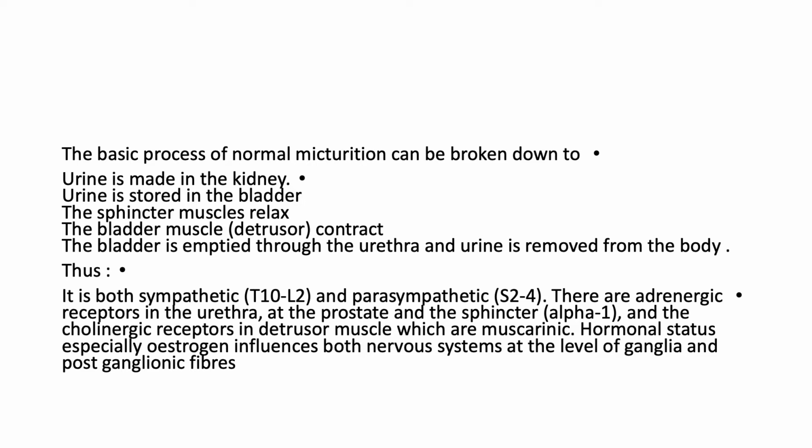We have the sympathetic supply from T10 until L2, and the parasympathetic from S2, 3 and 4. We have adrenergic receptors, and we have alpha receptors in the sphincter. Hormonal status is also very important, especially in females, the estrogen status, and we will talk about it later on in incontinence.